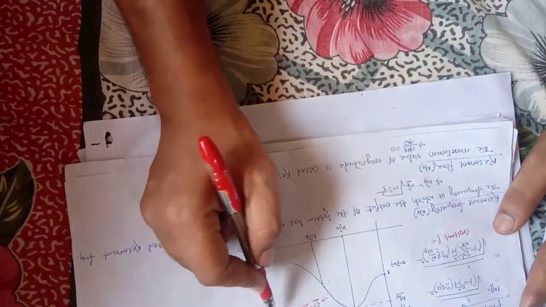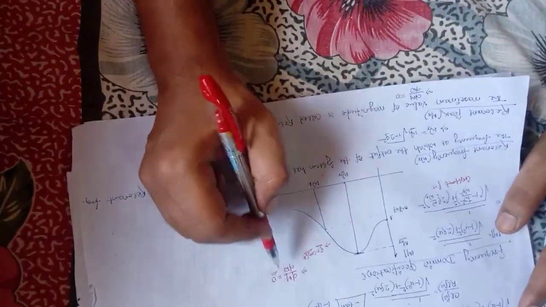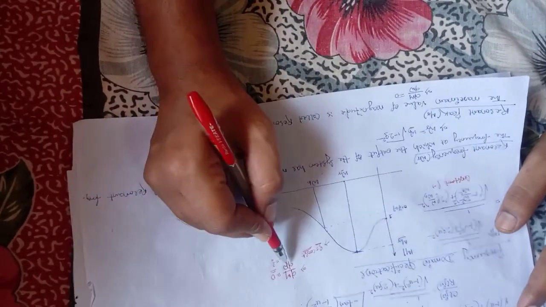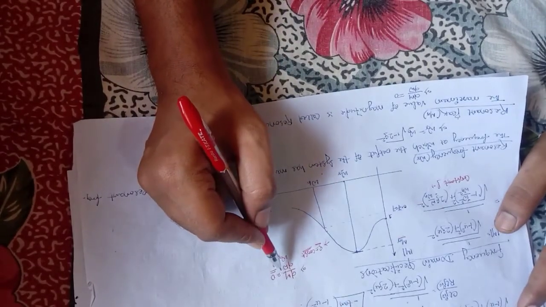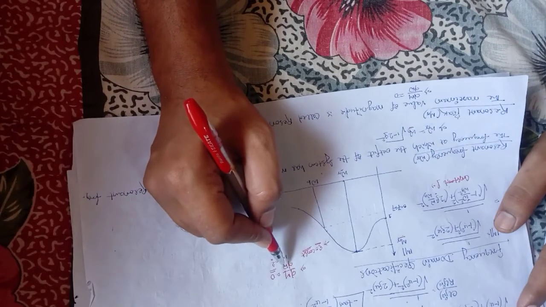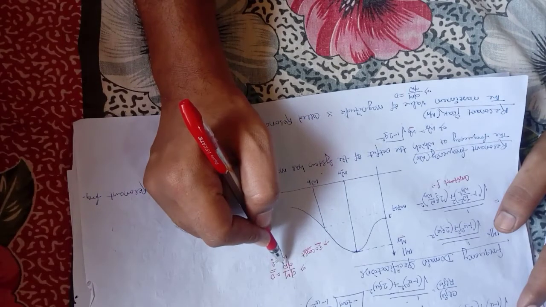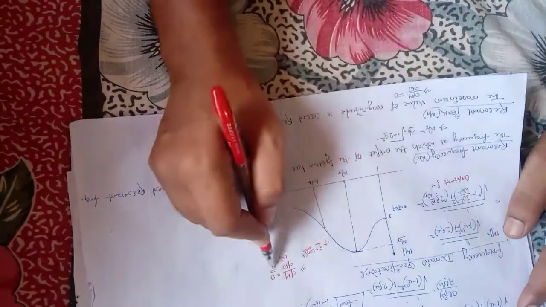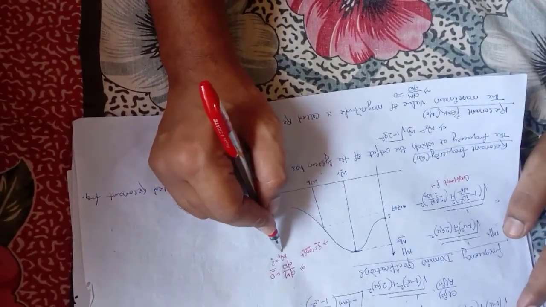Same concept we will see. After finding omega r from the maxima formula, that is dM by d omega, we first take the derivative of magnitude and equate it to 0, then I can find omega r.